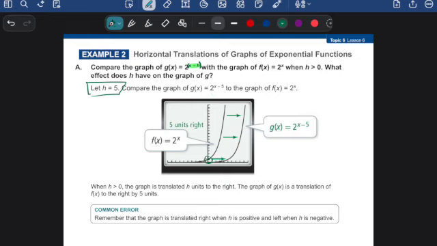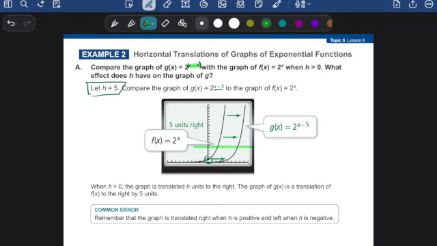It goes through 1, and graphing g of x, where we do x minus 5, if we plug that into our graphing calculator, we can see that it shifts to the right, even though we have x minus 5. That means in order to get it back to the parent function, I have to subtract 5. Because to get to the same output, I have to move the graph to the left 5. I have to subtract 5.